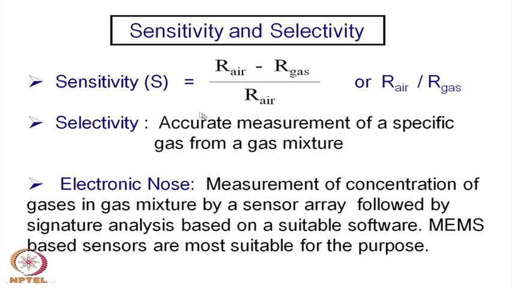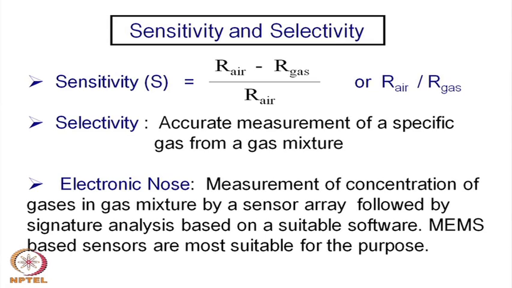Okay. And in general, as we have seen from the discussion in this lecture itself, the selectivity of this kind of solid state sensor or oxide based sensor is not very high. Whether it is carbon monoxide or hydrogen, both of them are basically reducing, and they will react more or less in a similar manner with the adsorbed oxygen, and therefore enhance the electronic conductivity more or less in the same manner.